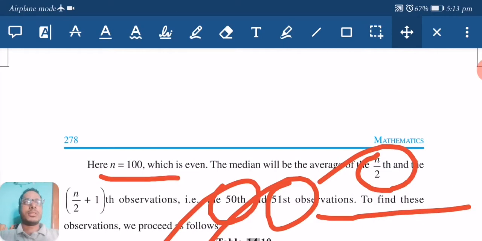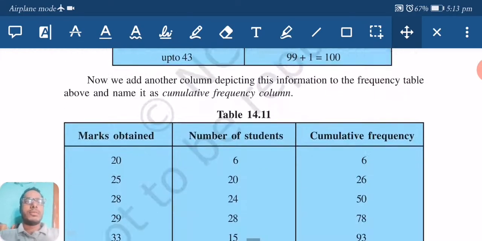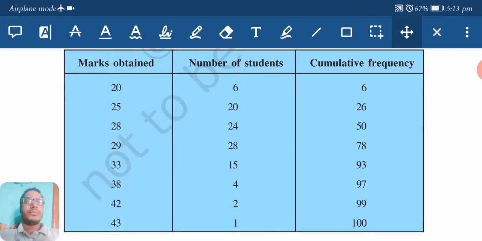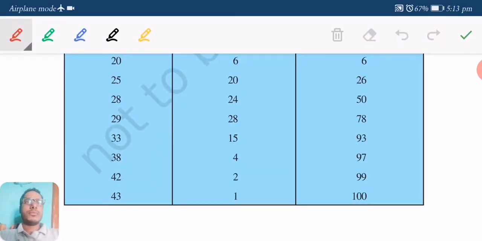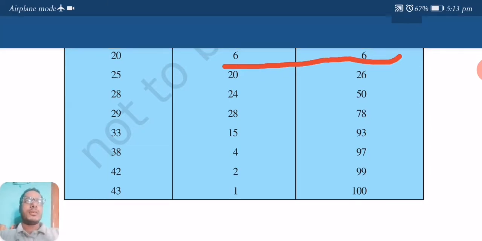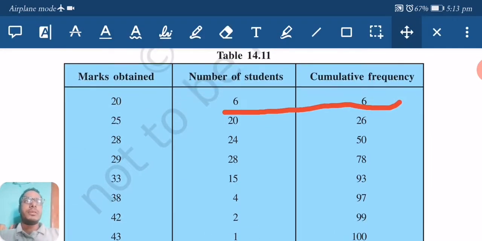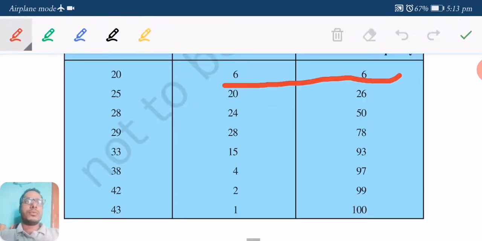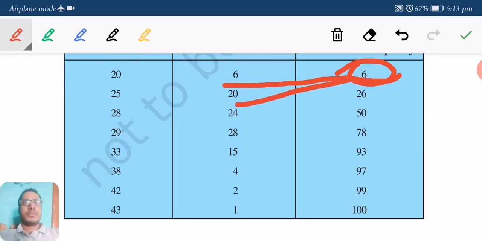Just focus on the given example. First of all, 6 is there. For the first frequency, the cumulative frequency will be as it is, 6. For the next one, we just have to add this cumulative frequency to the next frequency.